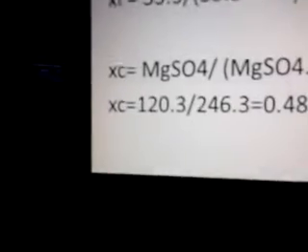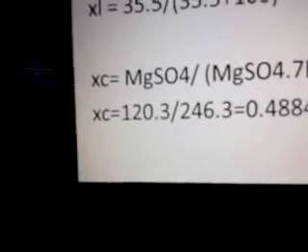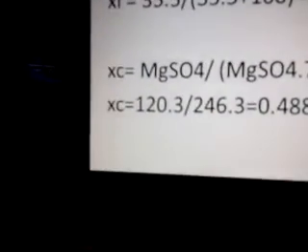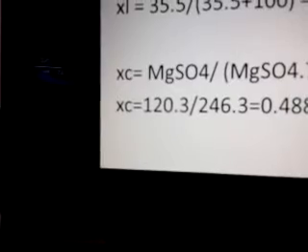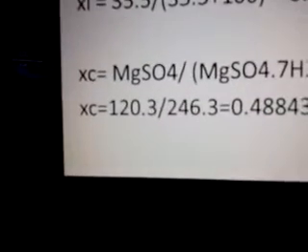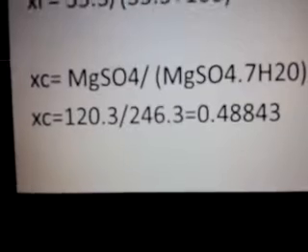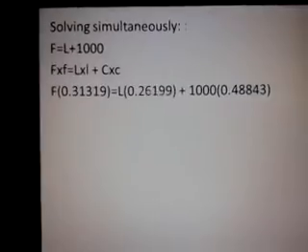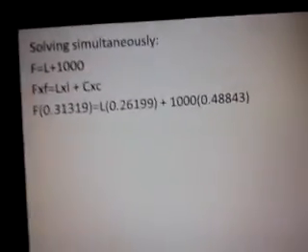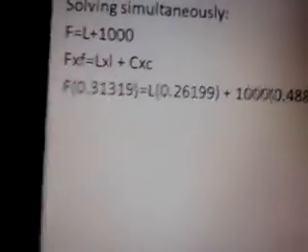So just get the molecular weight: 120.3 divided by 246.3, so the answer is 0.48843. Solving simultaneously, we now have the values of XF, XL, and XC.